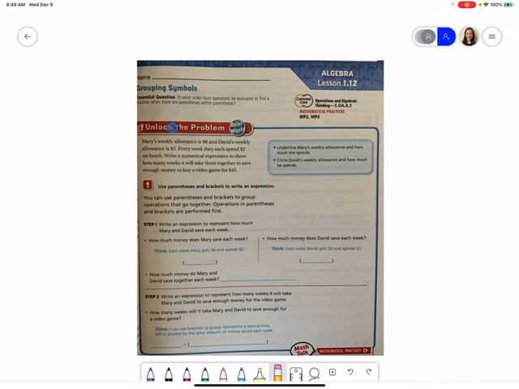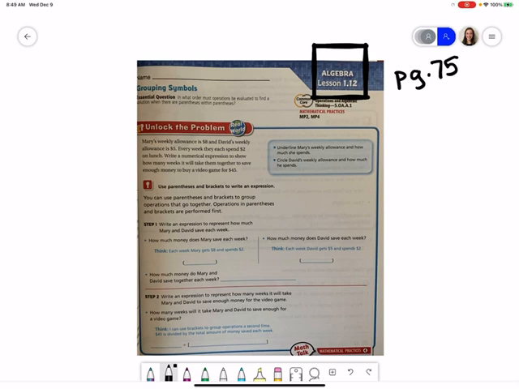Today, we're just going to do a brief overview of lesson 1.12, okay? So this is going to be on page 75 of your math workbook if you need it, and it's lesson 1.12.